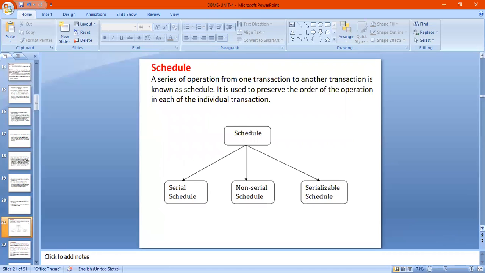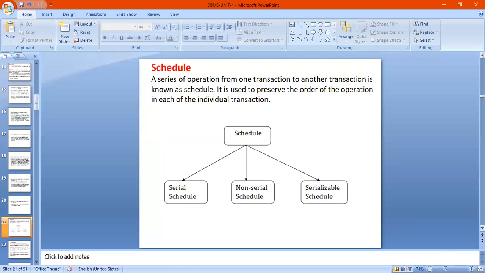Okay, the next one is scheduling. Let's see what this scheduling means. A series of operations from one transaction to another transaction is known as a schedule.